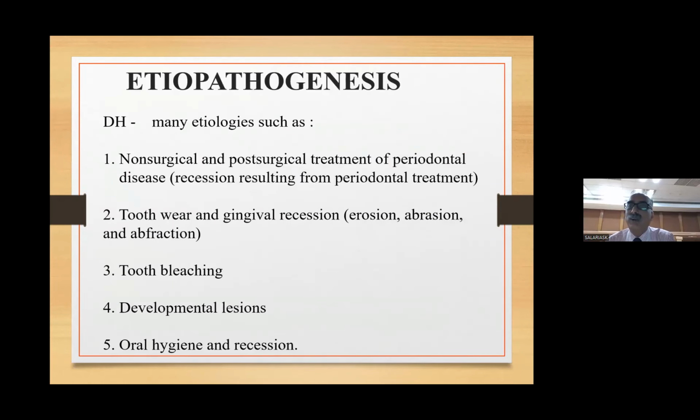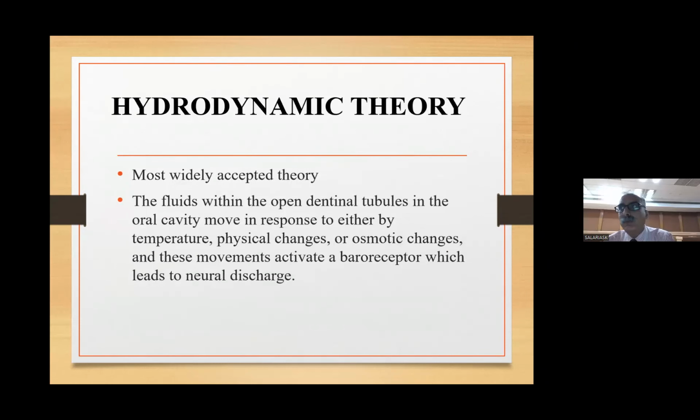That is the most widely accepted theory, in which they say, no doubt, nerve fibers have been observed, but in close proximity to the pulp. That means the dentinal tubule ending, which is more towards the pulpal side, contains a few fibers, maybe from the pulp or maybe C-type unmyelinated fibers, but the whole tubule is filled with fluid.